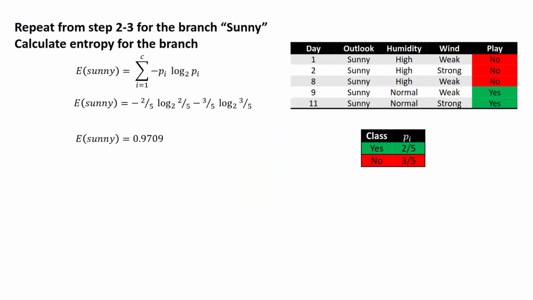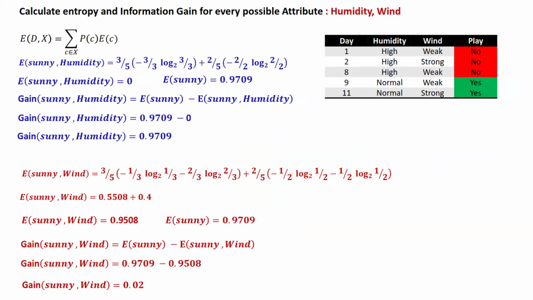Now we have to consider this as a separate subset. For this, you have to calculate the entropy for this data set, and then for outlook and humidity, and outlook and wind. Whichever has a greater value becomes the next node.